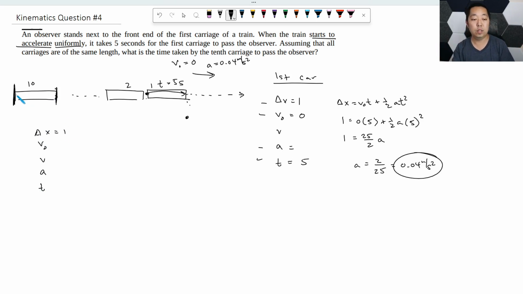The acceleration is 0.04 meters per second squared, because we said the acceleration is the same the whole time. And we would like to know the time. However, I'm missing some information. I need to either know the velocity at this point by the time it gets to here, or I need to know the velocity at the end, because I need 3 pieces of information to solve for that fourth one, right? So let's go ahead and solve for the velocity here.